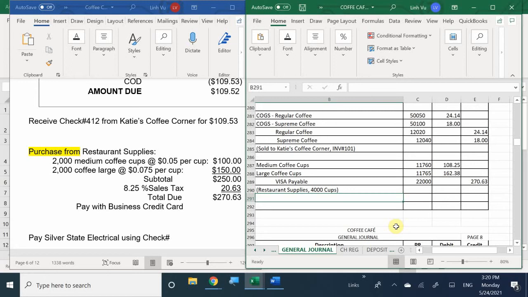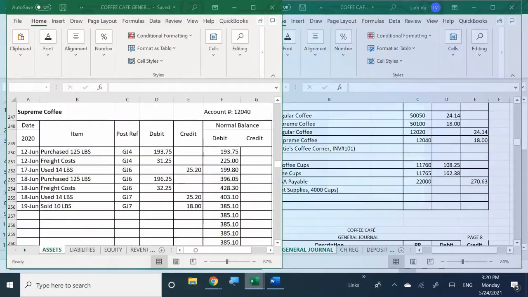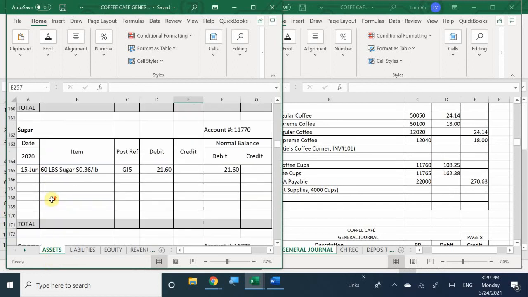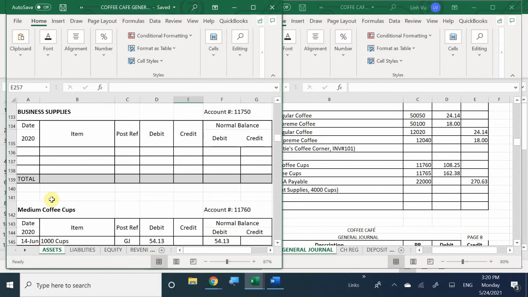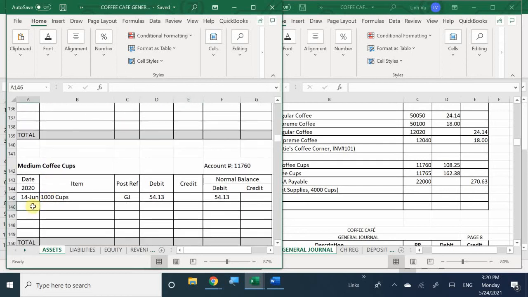So next is the ledger. Here it is, medium coffee cups. We purchased 2,000 at 75 cents each, tax 12.38.